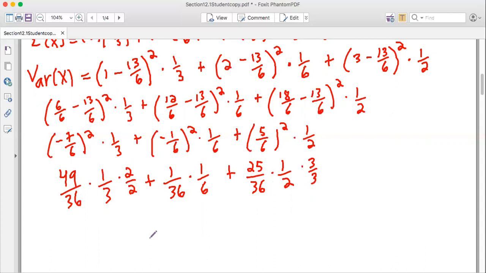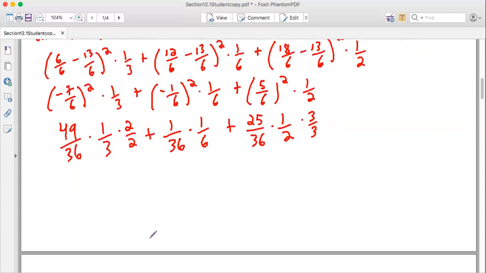36 times 6, which means that I can write these all as like fractions. So here, I can go ahead and combine all of them into one fraction. I have 49 times 1 times 2, that's 49 times 2, plus 1 times 1 is 1, plus 25 times 1 times 3, that's 25 times 3.